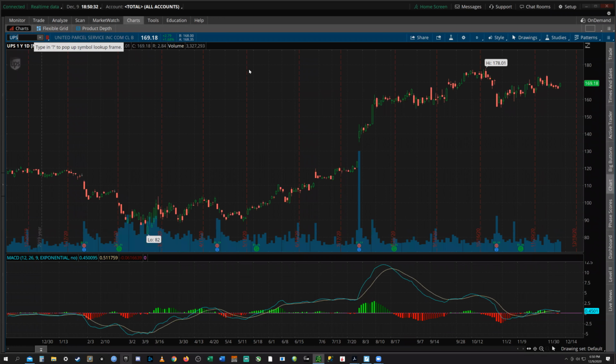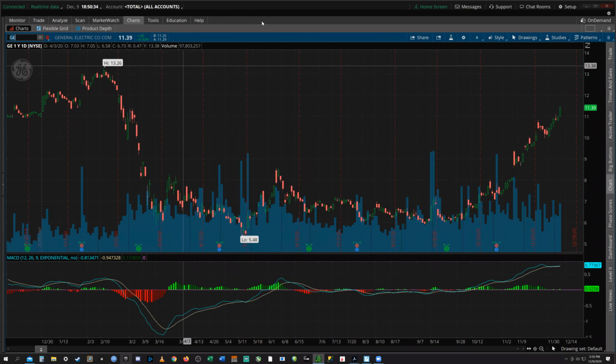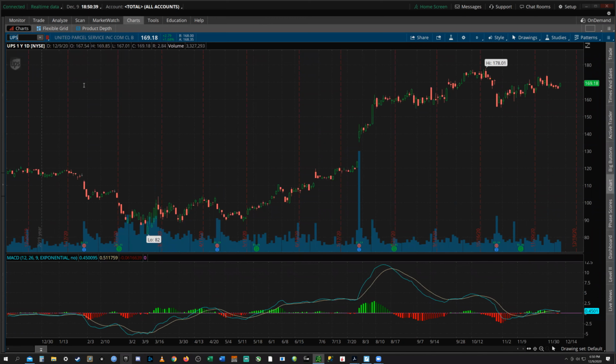Okay, so what is the technical strategy for this? Okay, so you've got your histogram bars, and then you've got two lines. So the strategy is when the lines intersect, that's when either you buy or you sell.